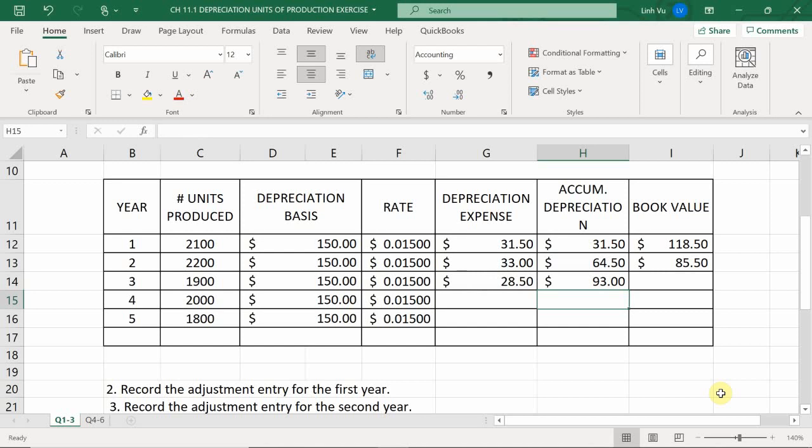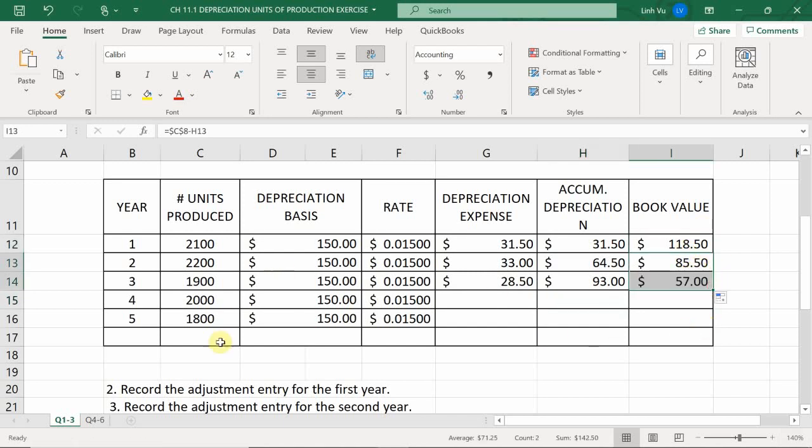That should give you $93 even. So then what's my book value going to be? 57.